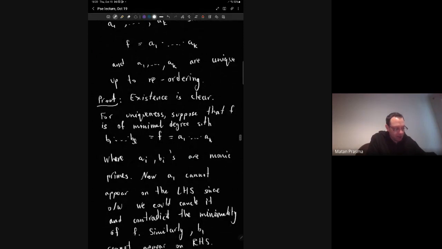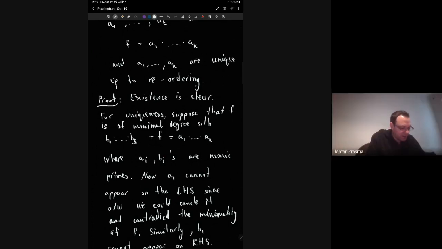Now, I assume towards contradiction that this is not the case. If it is not the case, it means there exists at least one polynomial, let's call it f, with two different factorizations. But of course, if there exists such, I can look for a polynomial with two different factorizations that is of minimal degree, right?